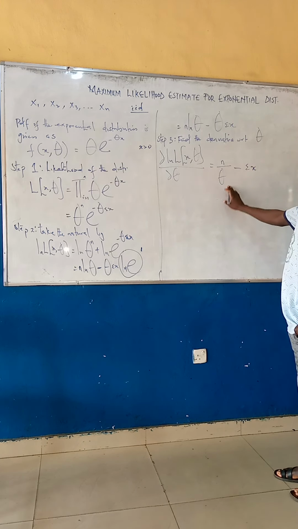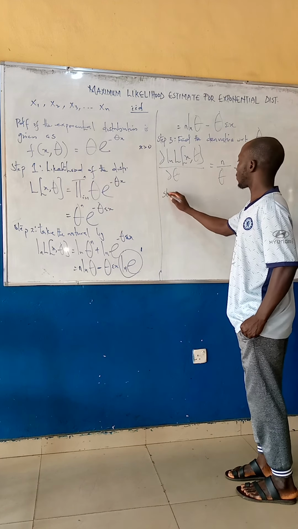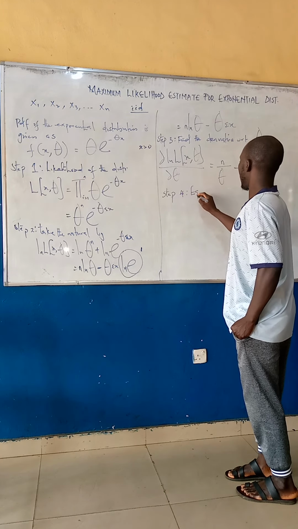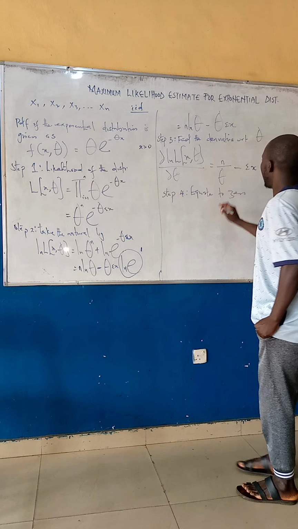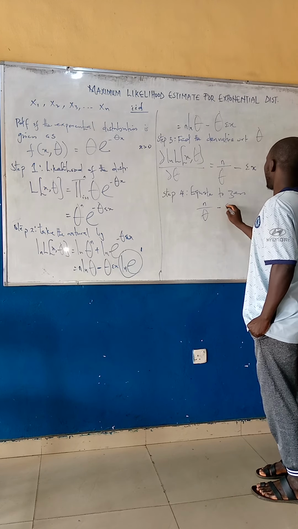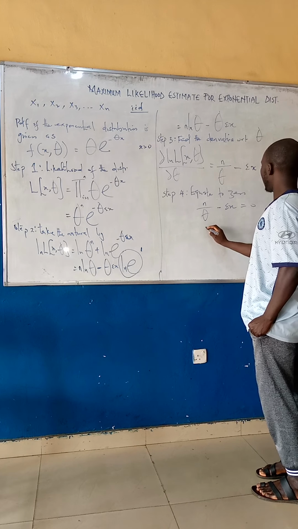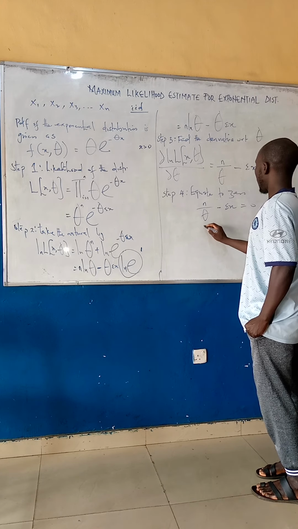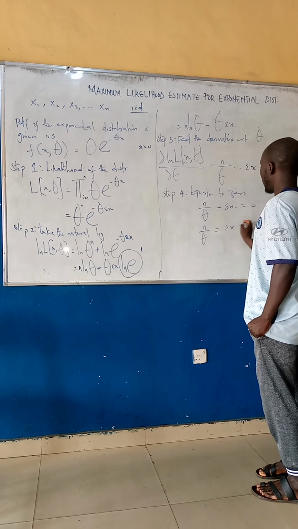So n over θ minus summation x. Now, step 4, equate this equation to 0. So this is going to give us n over θ minus summation x equals 0. And from this case, we have n over θ equals summation x.